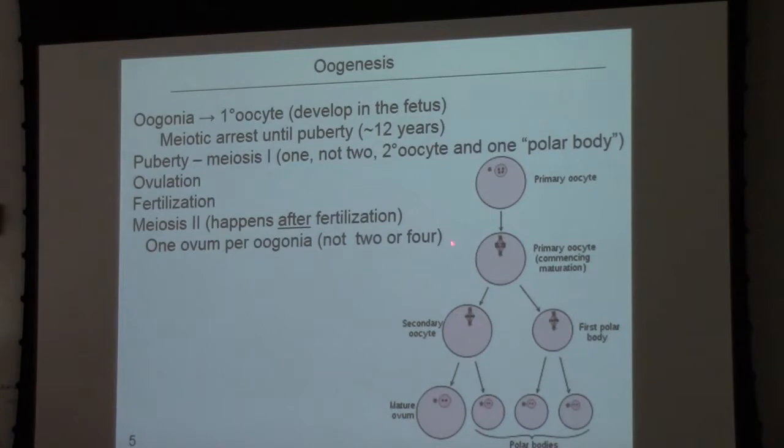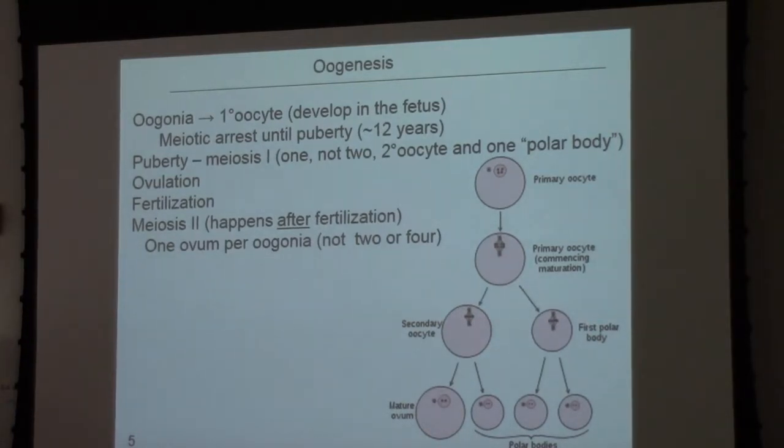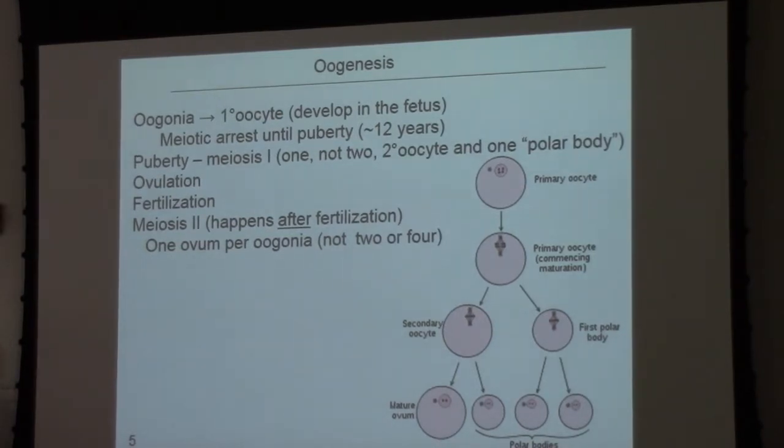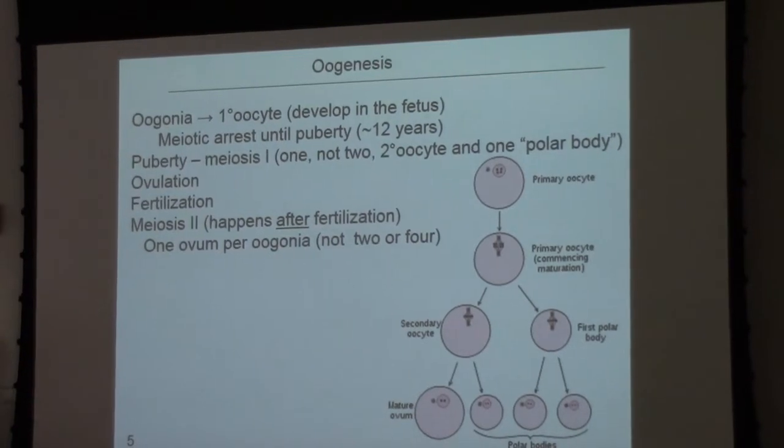But what's interesting is that in the male, 2 developing cells arise from this meiosis I. But in the female, there is 1 secondary oocyte and 1 sort of residual cell called a polar body. So 2 cells develop.